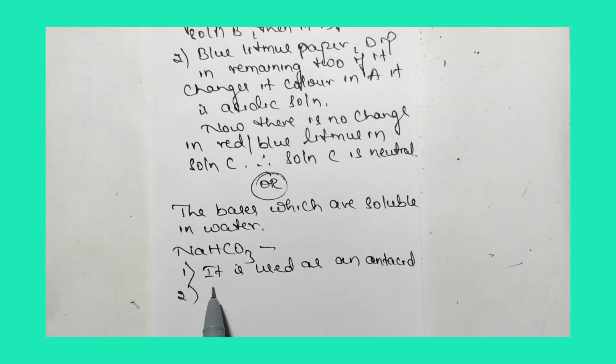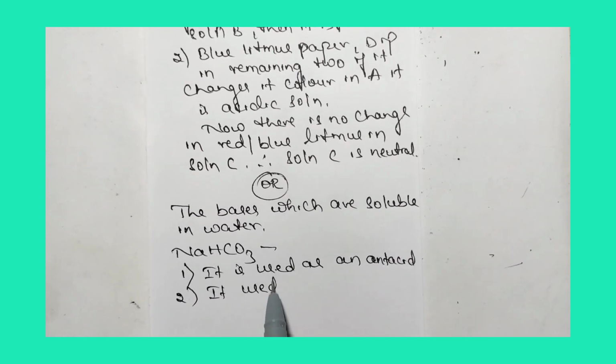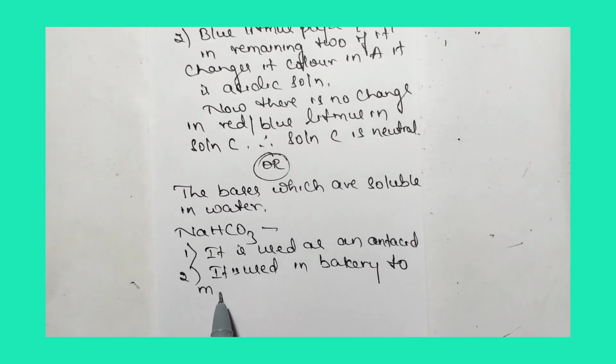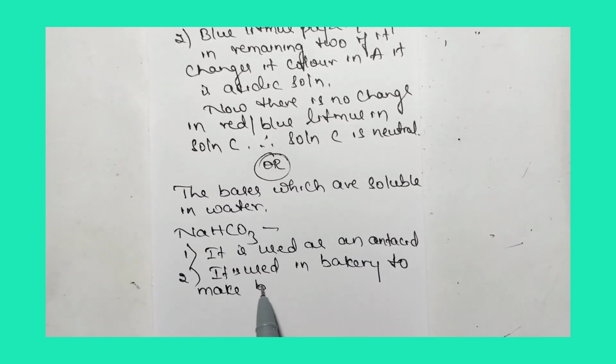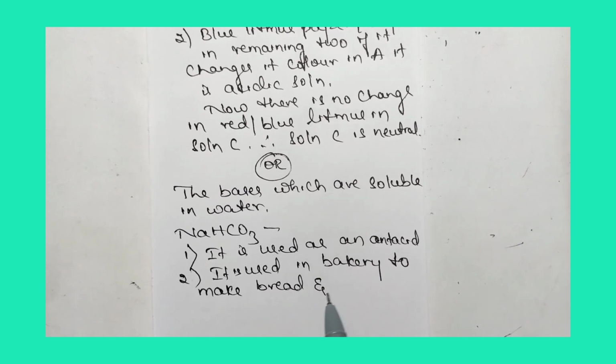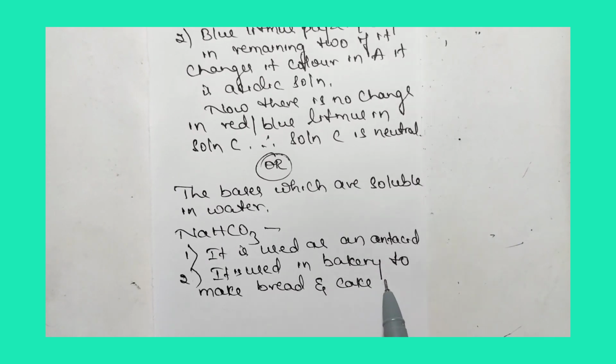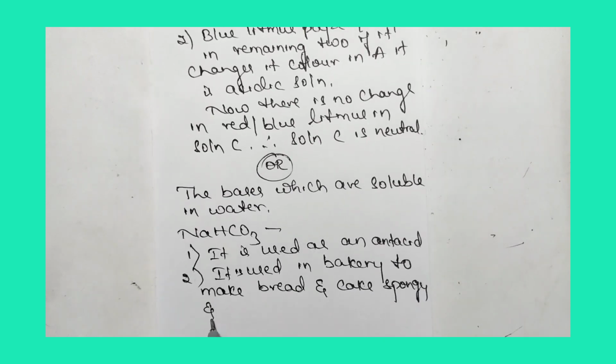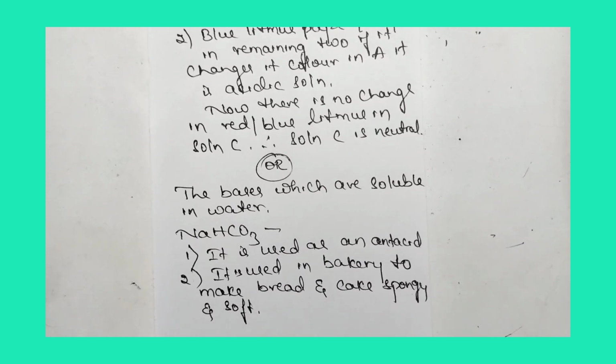Second, it is used in bakery to make bread and cake spongy and soft, or fluffy and soft. So these are the two uses of sodium bicarbonate, also called baking soda.